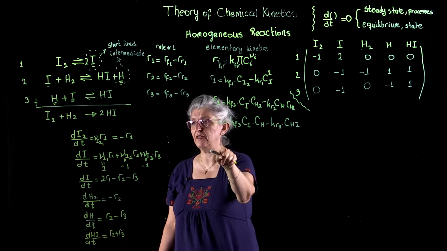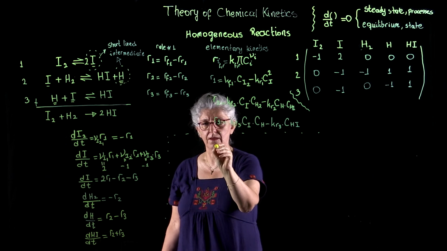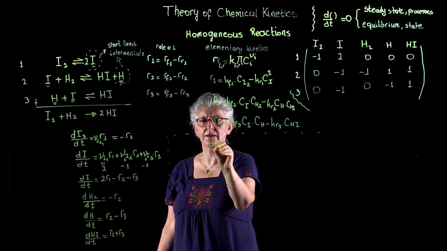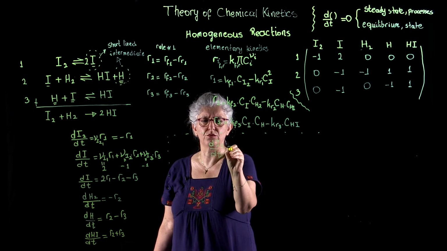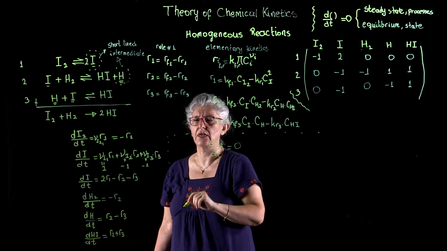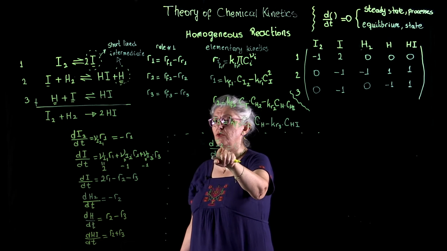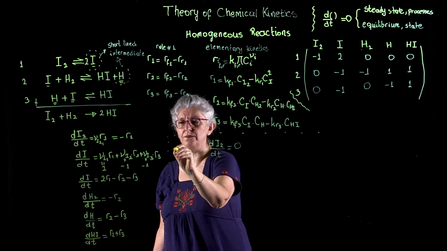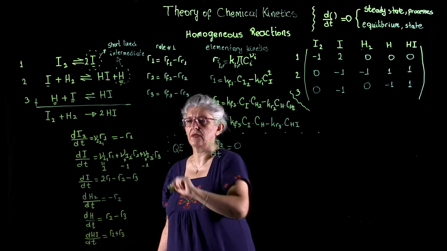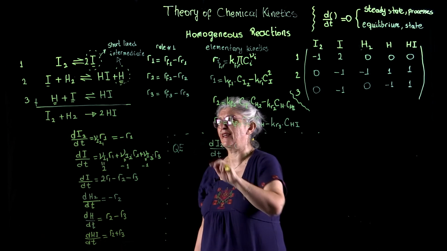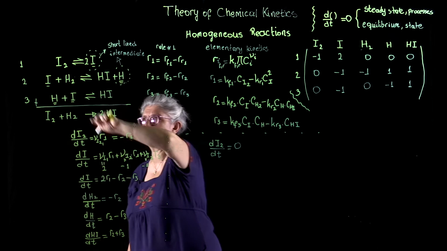So I'm going to continue here. dI2 over dt is equal to 0. By writing that, I invoke the quasi-equilibrium hypothesis that this first reaction is equilibrated.